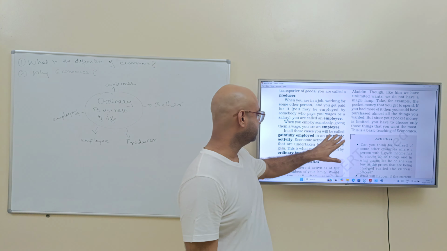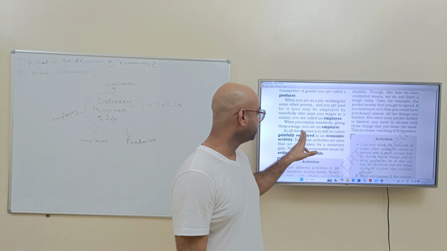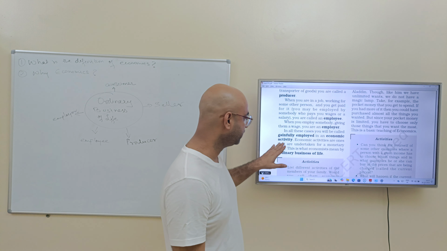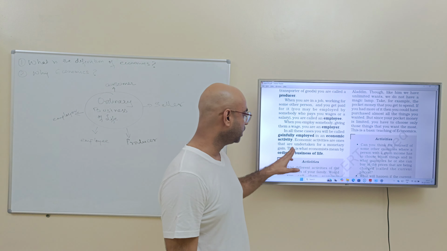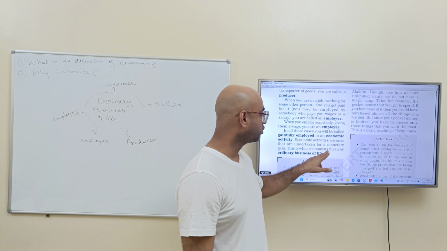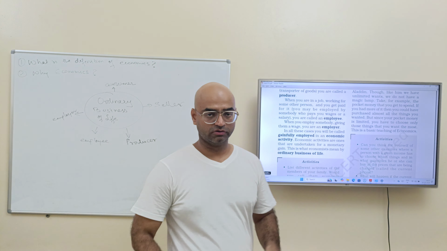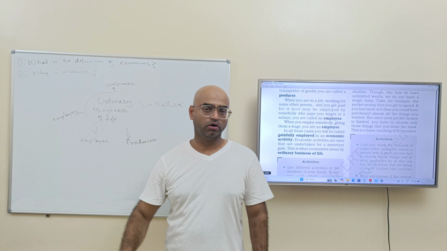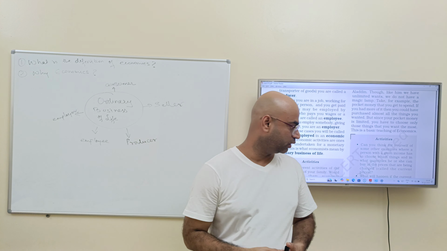In these cases, you will be called gainfully employed in an economic activity. Economic activities are the ones that are undertaken for a monetary gain. This is what economists mean by the ordinary business of life. So this entire thing I have explained to you on how the ordinary business of life works.